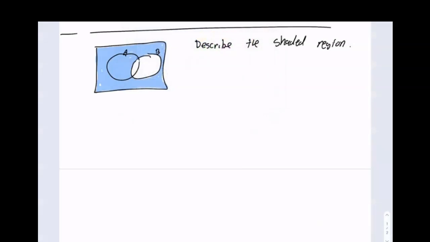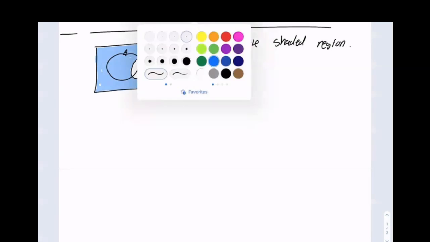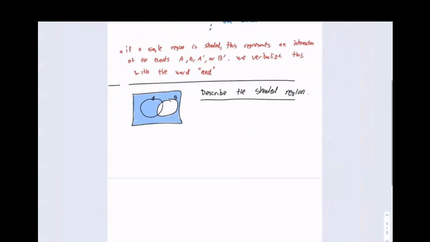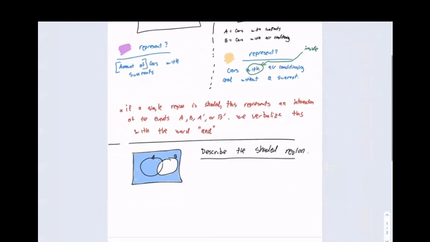The shading went right over it. So in the description of this region, only event B matters. And B, as we just said, was cars with air conditioning.